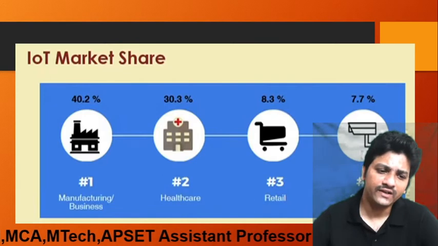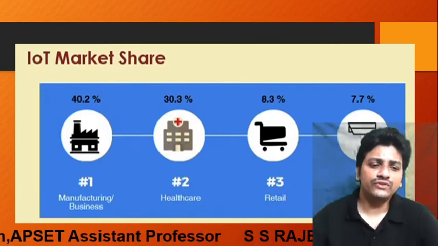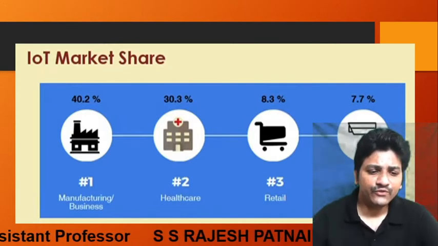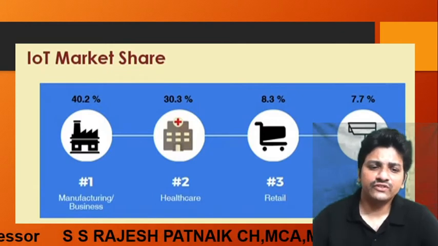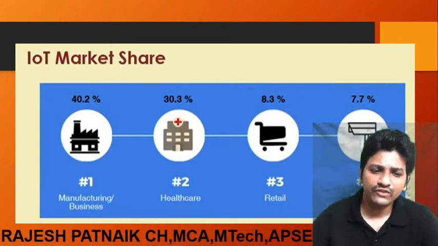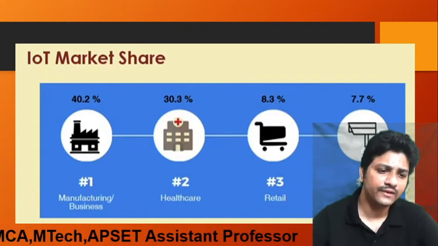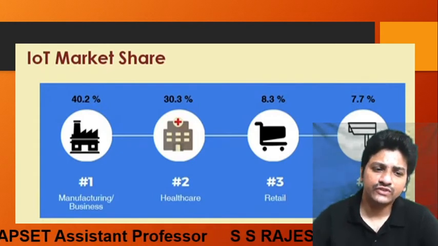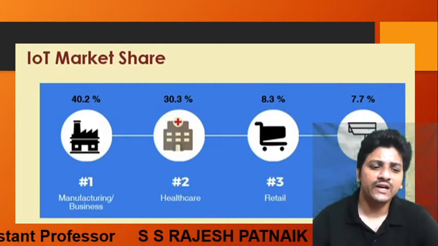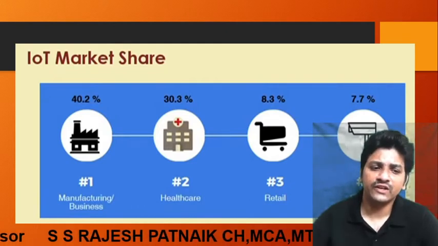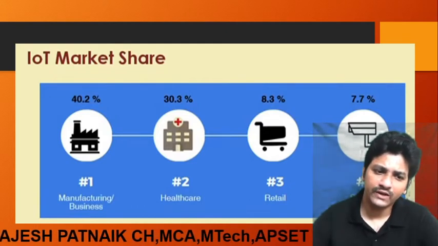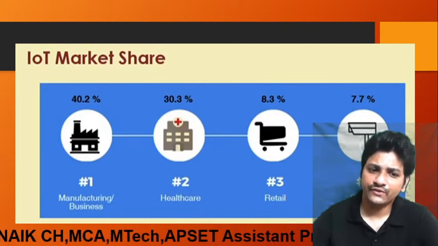In this particular slide, in manufacturing and business industries, IoT technology was used in up to 40.2% of IoT devices. That is the market share for manufacturing and business areas, 40.2% of the market share for the Internet of Things.